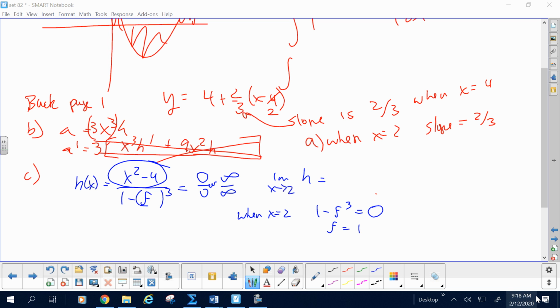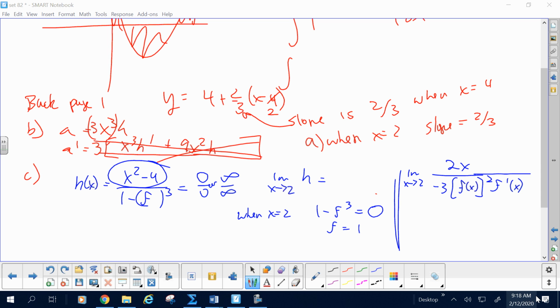F must be 1. Next, by L'Hopital, the limit as x goes to 2, wouldn't that be 2x over, take the derivative of the bottom now, please, go. Negative 3f squared times the derivative of the inside, people. Times f prime. How else are you going to find f prime if you don't do the chain rule?